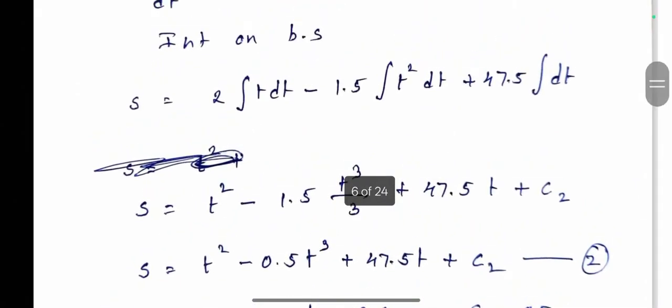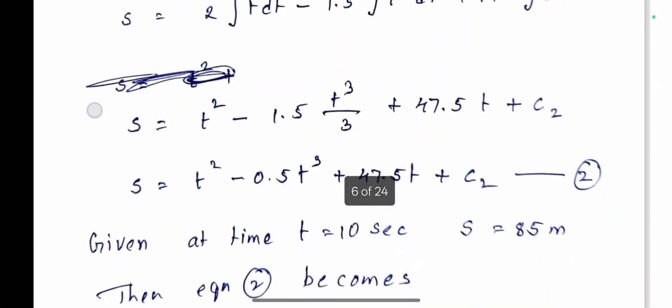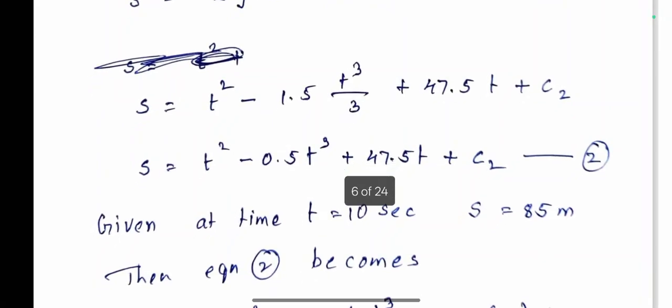Integral x power n is equal to x power n plus 1 by n plus 1, which is t power 2 plus 1 divided by 2 plus 1, which will become t cube divided by 3, plus the constant 47.5. Then integral dt will become integral 1 dt; integral 1 dx is equal to x plus c, by formula. Therefore integral dt will become t plus c2. Therefore s is equal to t square minus 0.5 t cube plus 47.5 t plus another constant, c2.